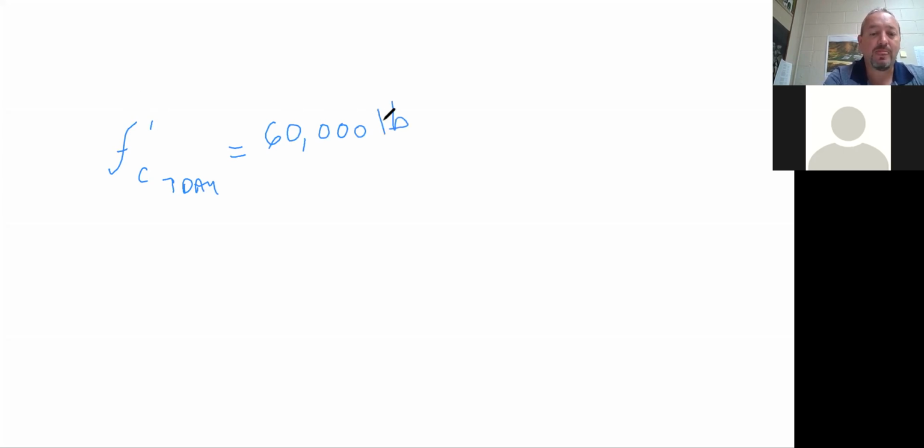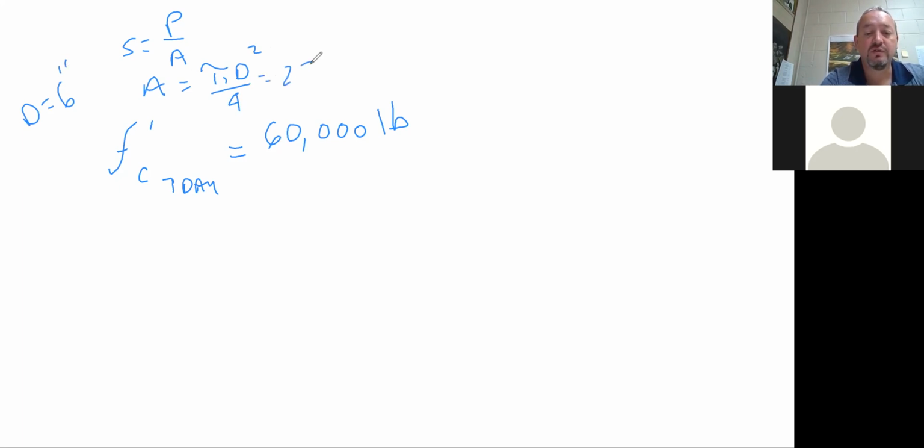And so the strength would be just like we saw before: stress is equal to P over A. Let's say A in this example is a cylinder, so it's pi d squared by 4. I know a 6-inch cylinder is going to give you an area of 28.27 inches squared.